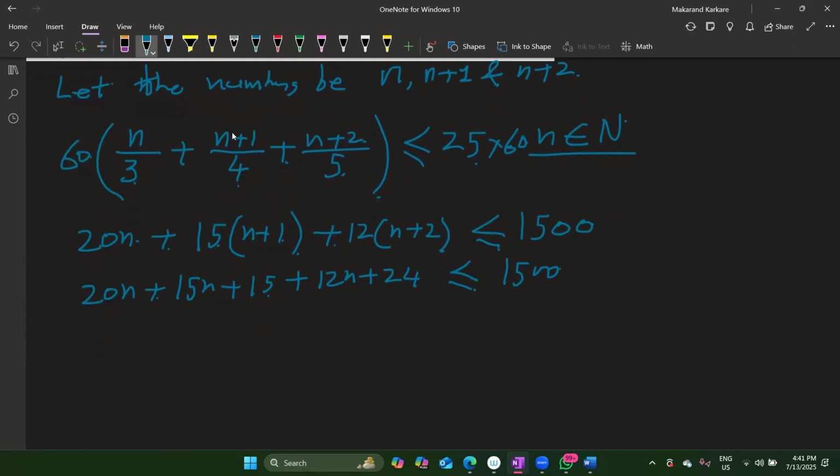So 35 plus 12, 47, and plus 39. 47n is less than or equal to 1461.